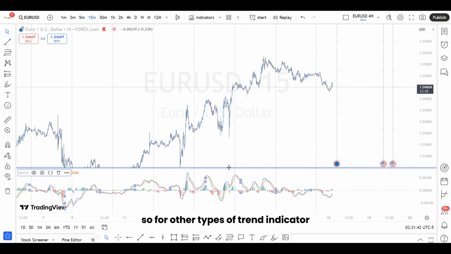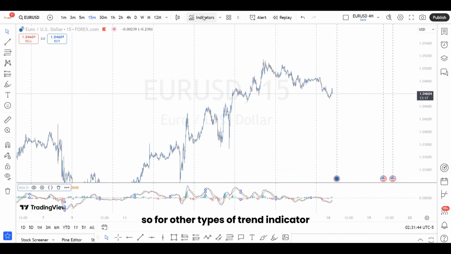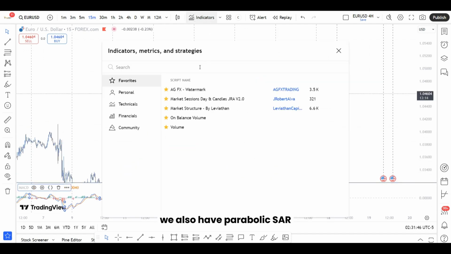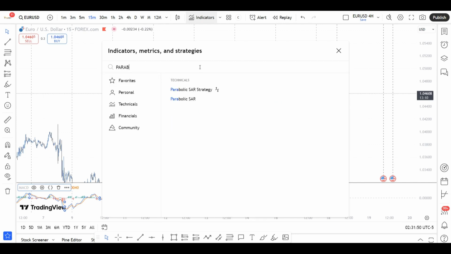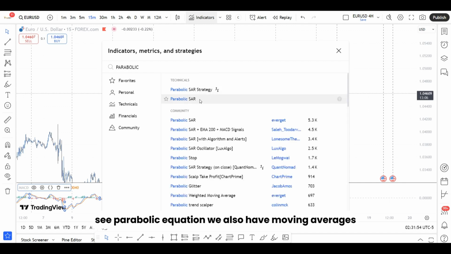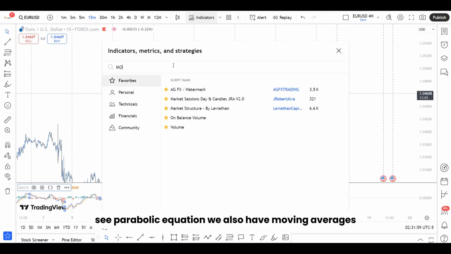For other types of trend indicator, we also have parabolic SAR. We also have moving averages.